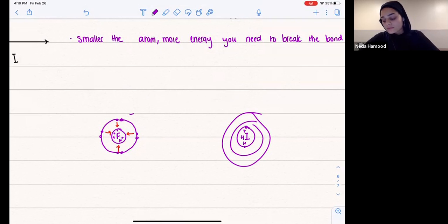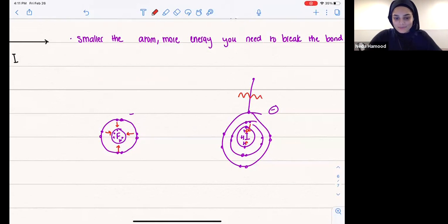Obviously, this is not an accurate representation since the first shell only has 2 electrons. So yeah, just drawing these in, which is so extra of me. Anyways, these electrons are able to go towards the positive. So then this one can be like, oh, look, now we're on this bond right here. So it's just able to be broken easier because it's not as close to the nucleus, if that makes sense.